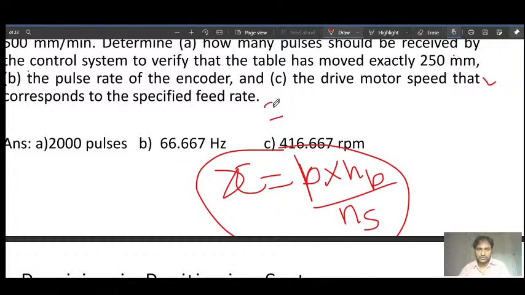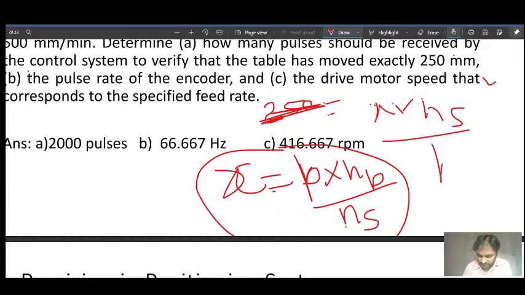X 250 is equal to P, or NP becomes X into NS upon P, X into NS by P. This one is your NP.